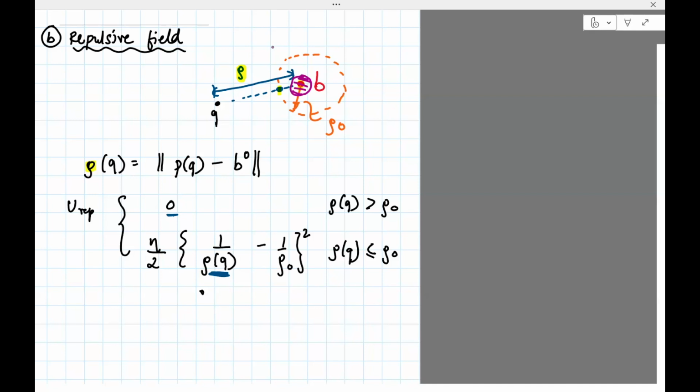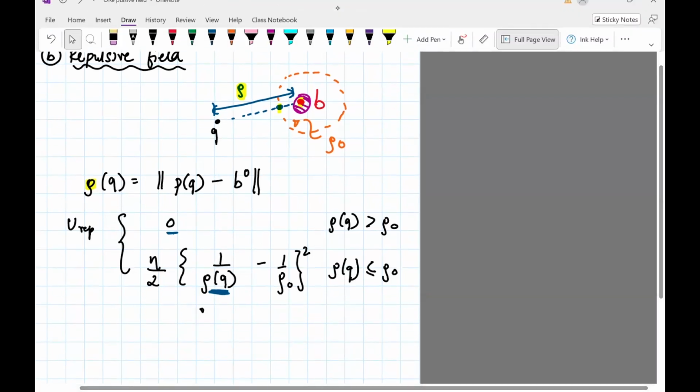The potential is infinity at B, the center, but still finite at this point, because it is inside rho 0. By ensuring rho 0 is big enough, you can ensure the potential is much higher, so the robot never gets to that radius, which I showed with the hatched lines. It's just a matter of tuning rho 0 depending on how safe you think it is to go closer and closer to B.